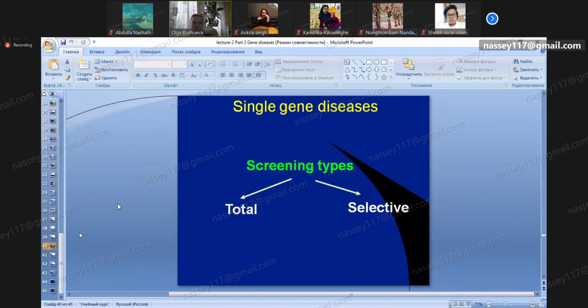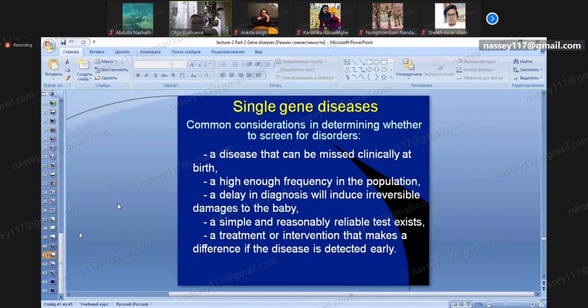We know two types of screening in newborns. It's total and selective screening. Common considerations in determining whether to screen for disorders are the following. First one, a disease that can be missed clinically at birth.